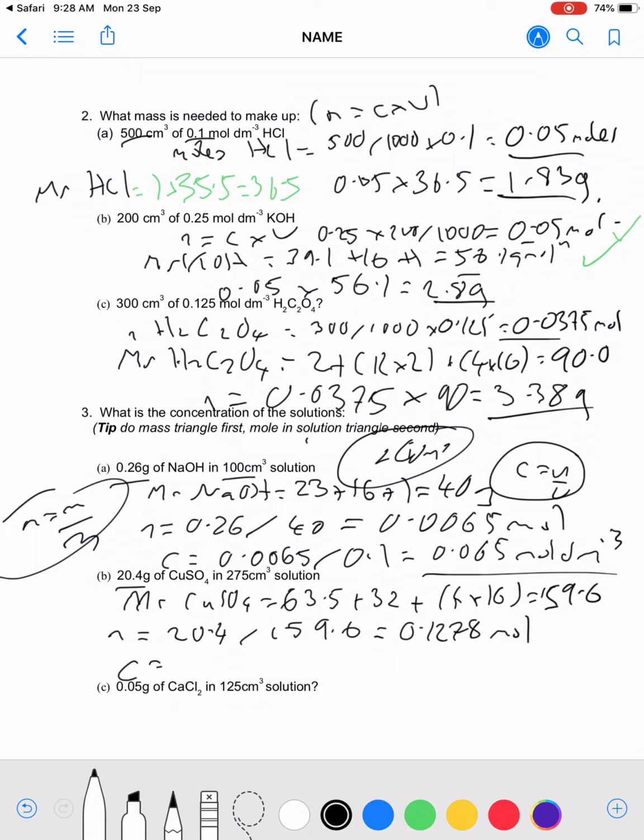So concentration is moles over volume, so I've got my moles, which is 0.1278. What's my volume? It's 275 cm³, which is 0.275 dm³, which I make 0.465 moles per dm³.